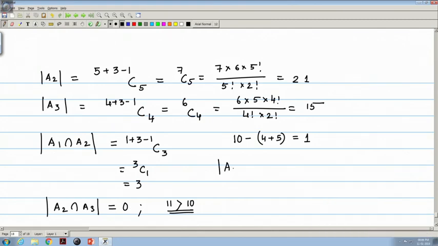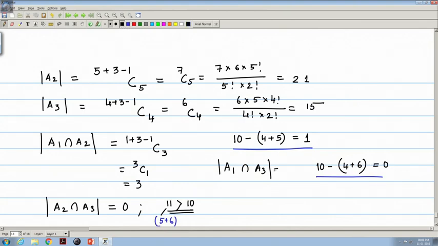Now, for A1, A3, this becomes 10 minus 4 plus 6. Here this 11 is coming from 5 plus 6, B and C. So, this becomes equal to 0.